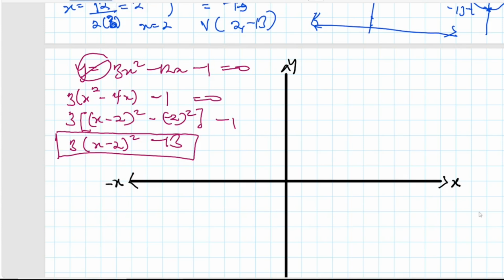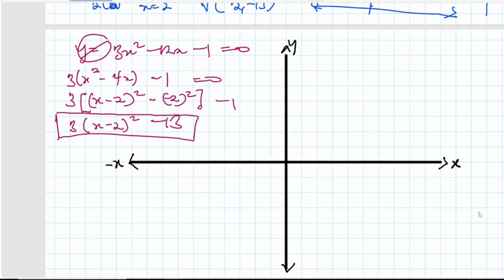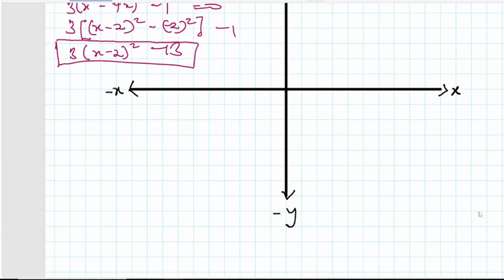Now what is interesting is that for every quadratic equation, after completing the square, the equation is going to look like a times (x plus b) squared plus c.